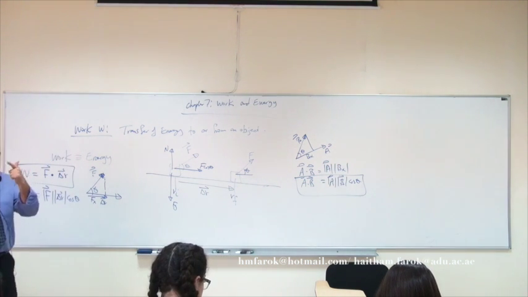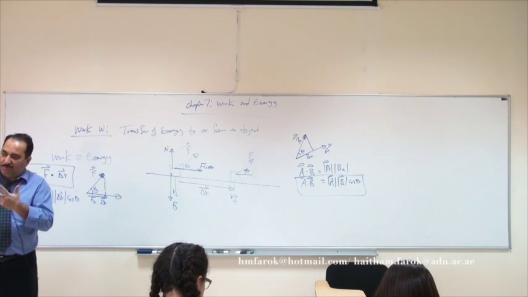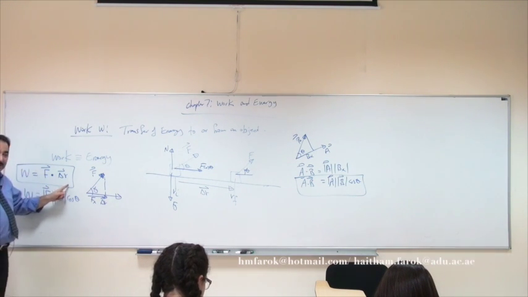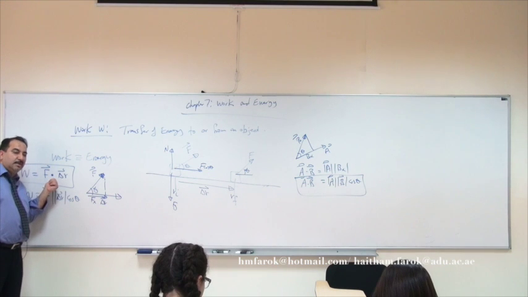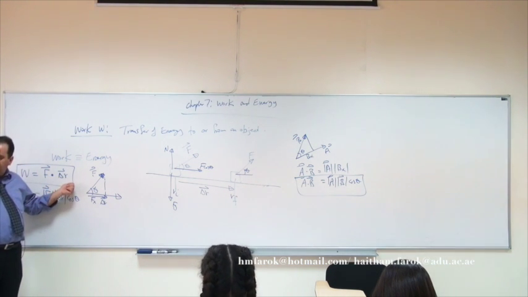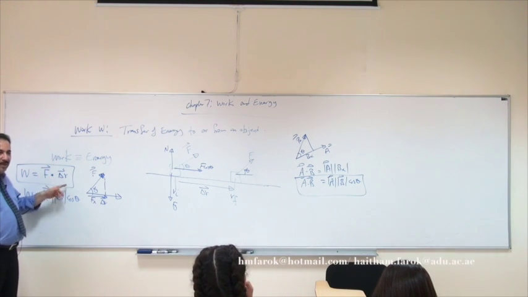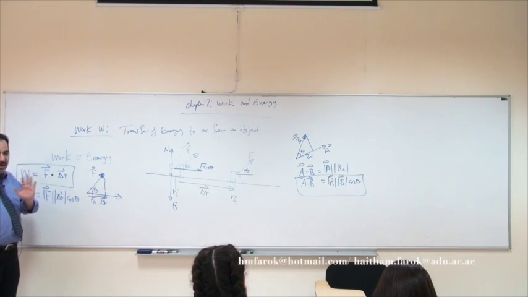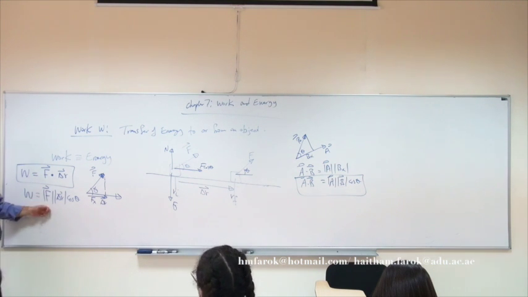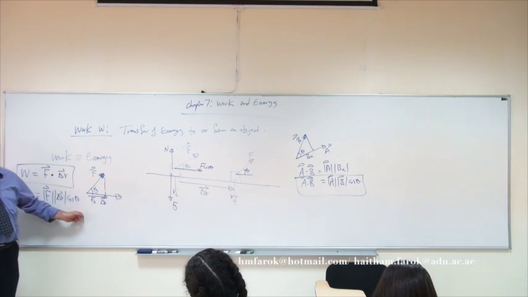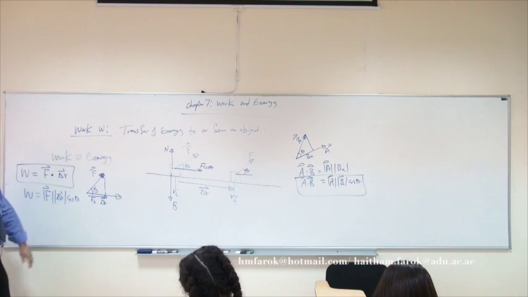Force and displacement. Now you have 2 ways to solve it. Either you use vectors, so force vector dot displacement vector, so you don't need an angle here. Yeah? Dot product, normal. The I by the I, J by the J, K by the K, but no I, J, K. Or if you have the magnitudes and the angle between them, then use this formula.